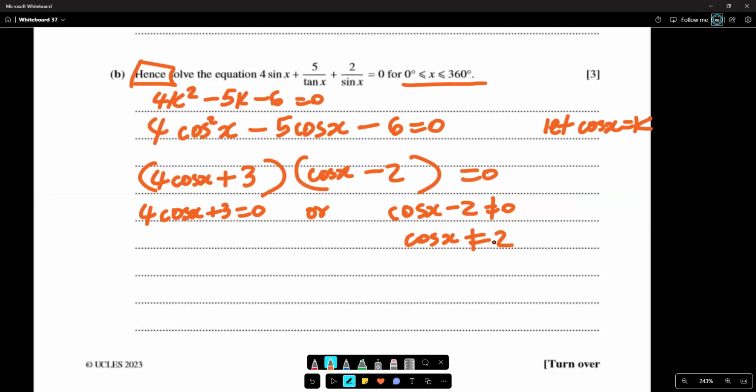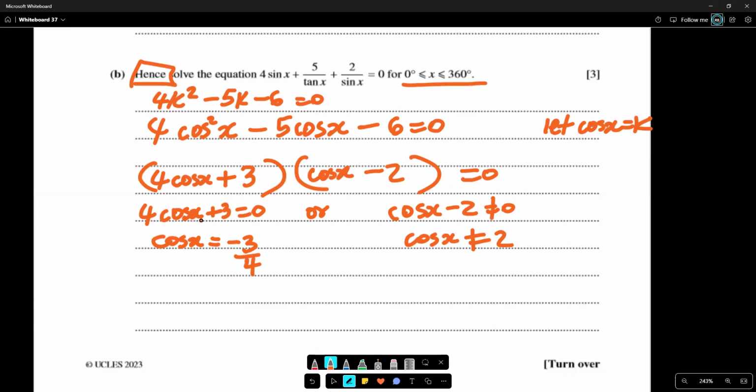Remember, cos x and sin x can only be 0 point something or negative 0 point something. Anything bigger than that or smaller than that is not true. So we are left with this guy only. So you have cos x equals to negative 3. You move the 3 to that side and then you divide by 4. All right.